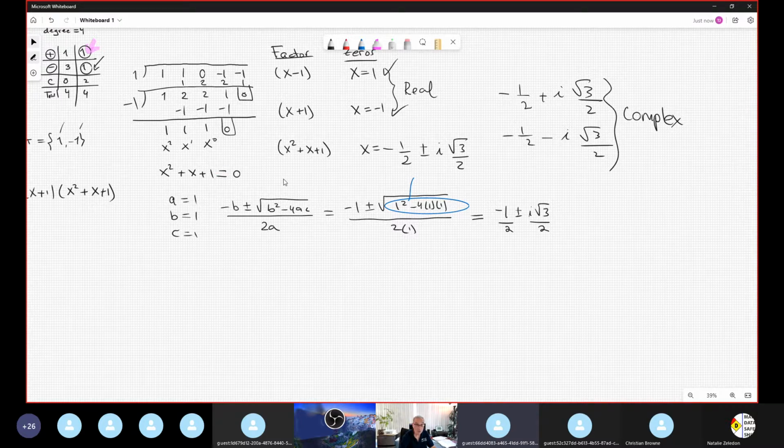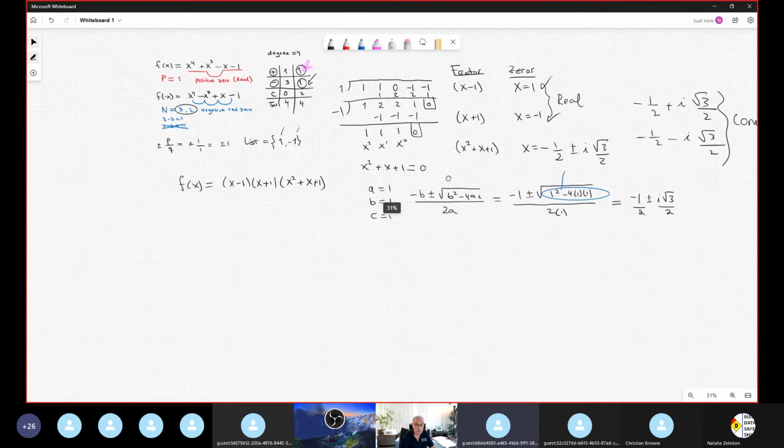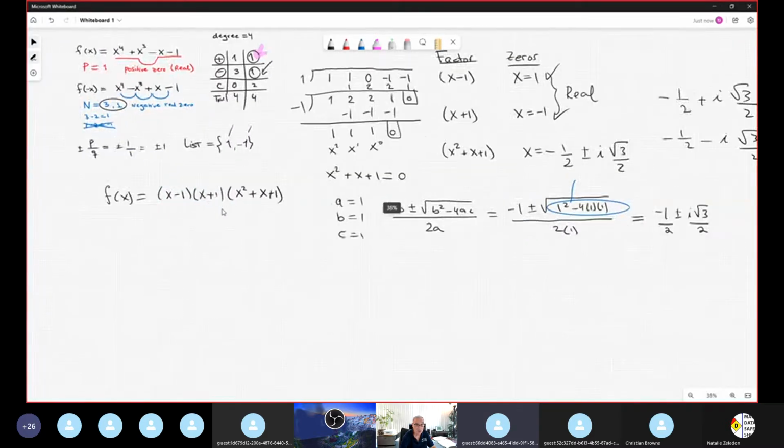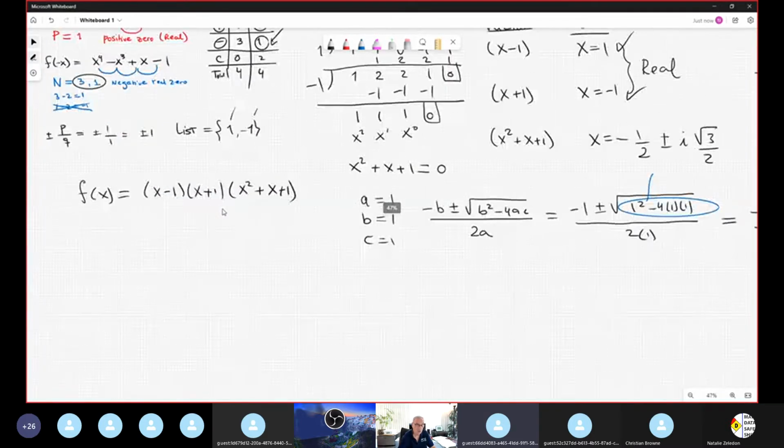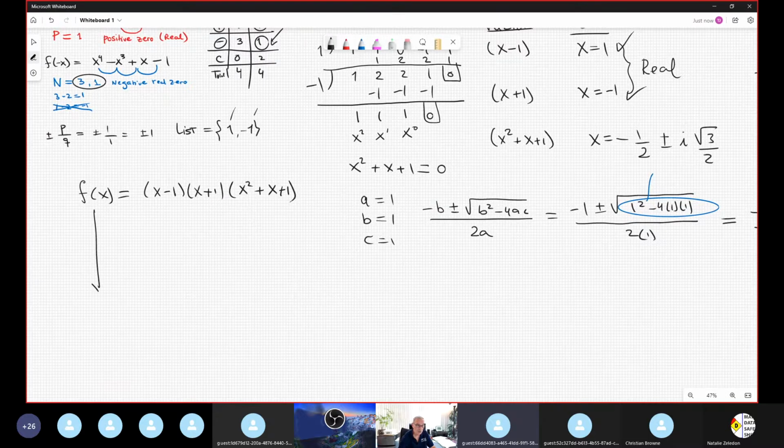Okay, almost, I finished. Then, suppose I want the factorization in the complex field. Okay. So now I'm using only linear, no quadratic, irreducible anymore. It is x minus 1, x plus 1.